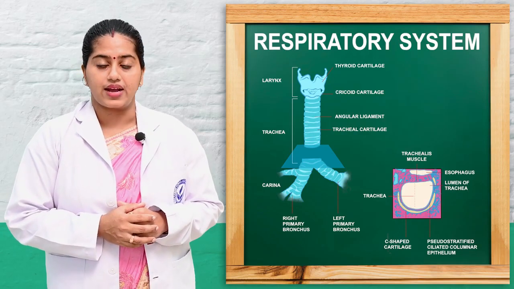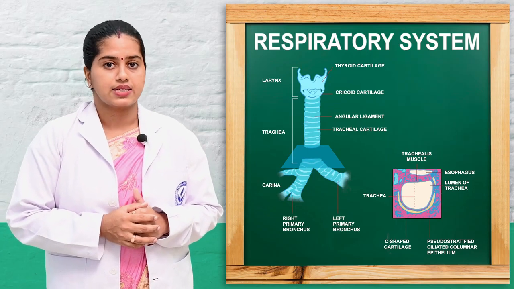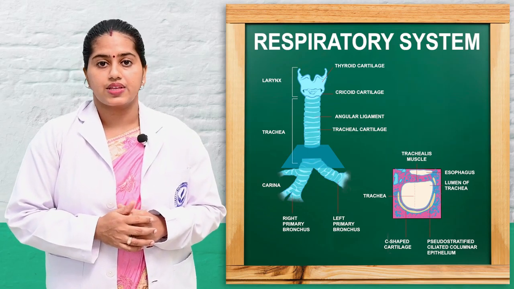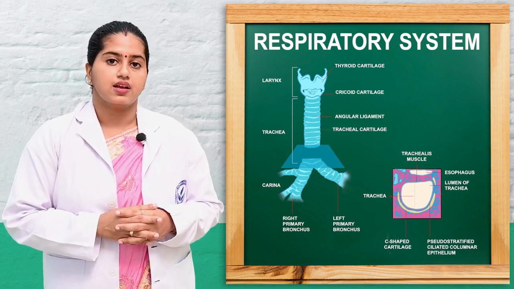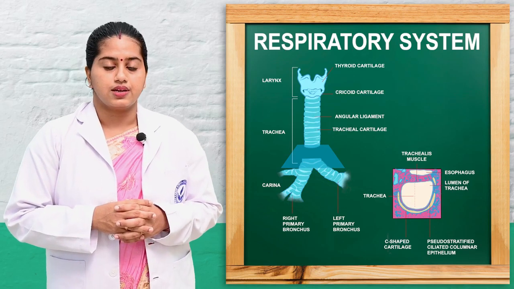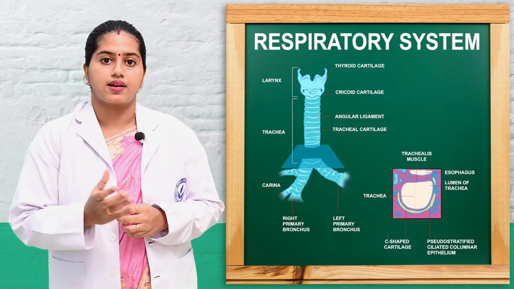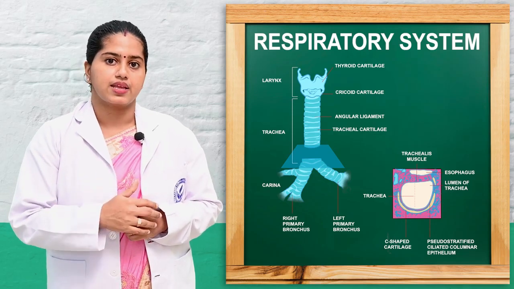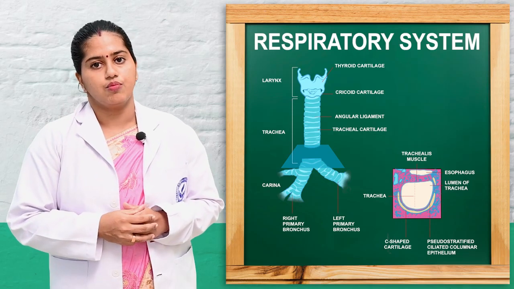The trachea is 4 to 5 inches long, or 11 centimeters long, and is very much essential in the respiratory system. At the sternal costal region, this is divided into 2 tubes, that is primary bronchi and the secondary bronchi.